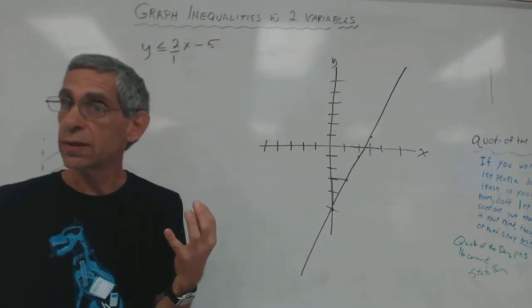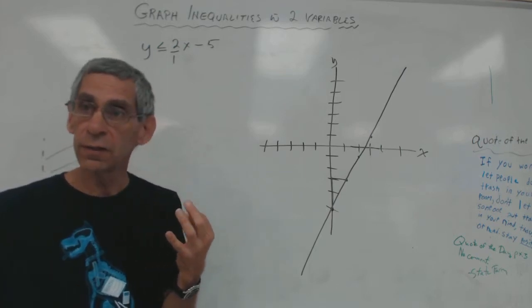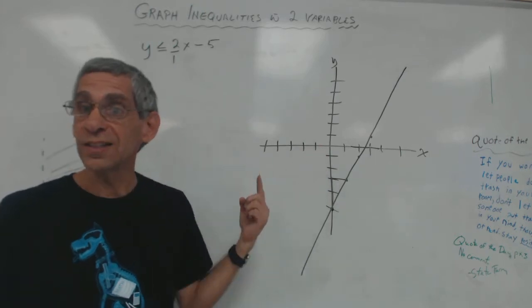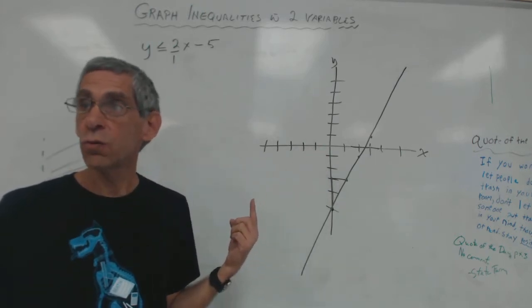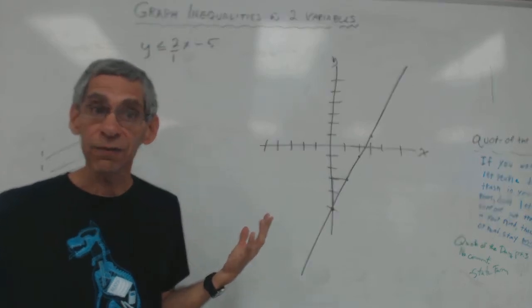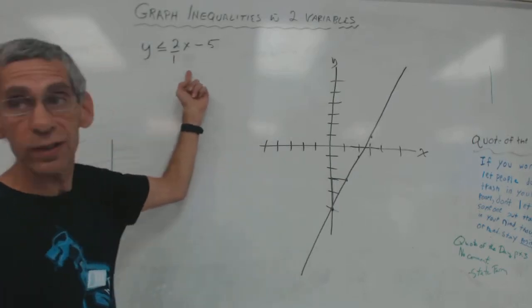So what we could do, and this is the part, really stay focused, because it's really critical you get this: you choose a simple point, a really, really simple point, and see if it's true. We're going to take a point and substitute it into this equation.